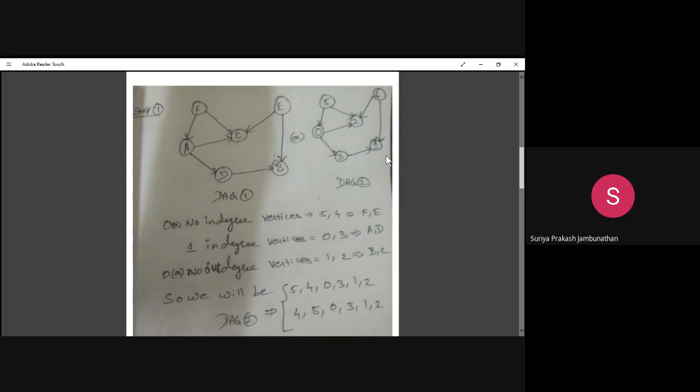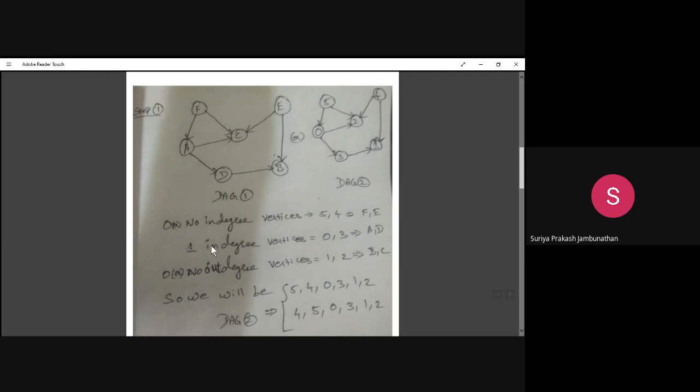Okay. So from this, how they are mentioning the solution is, first we have to write no in degree vertices or 0 in degree vertices at first. So we can write 5, 4, or 4 comma 5. Any combination you can write. So 5 comma 4 will come at first. So this is said to be the first solution.